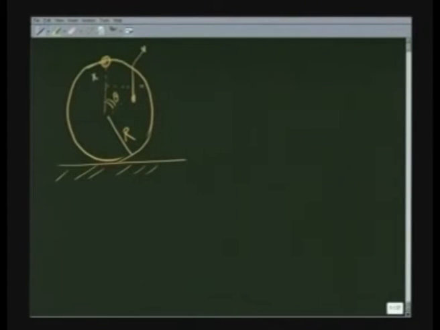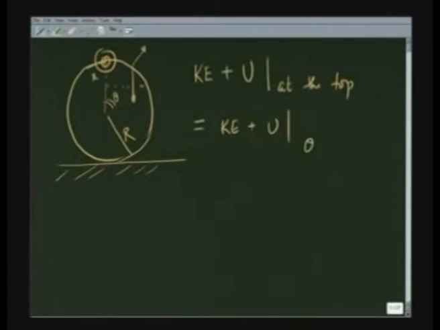If I want to apply the energy conservation principle, since I know that in this case the gravitational field is conservative, so the net energy should remain a constant. So, KE plus U at the top, that is this position, should remain the same as KE plus U at say theta.